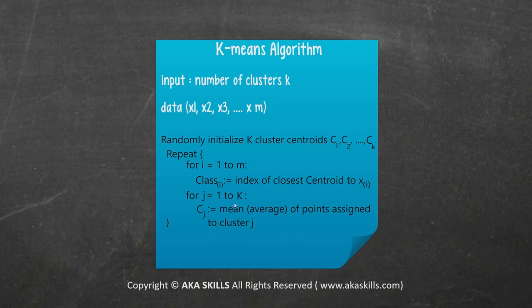Here j goes from 1 to the number of clusters, in our example 3. And simply that's the k-means algorithm. It's a really simple algorithm, and later on when we do it in R, it's going to be even simpler to use. So don't worry about that.